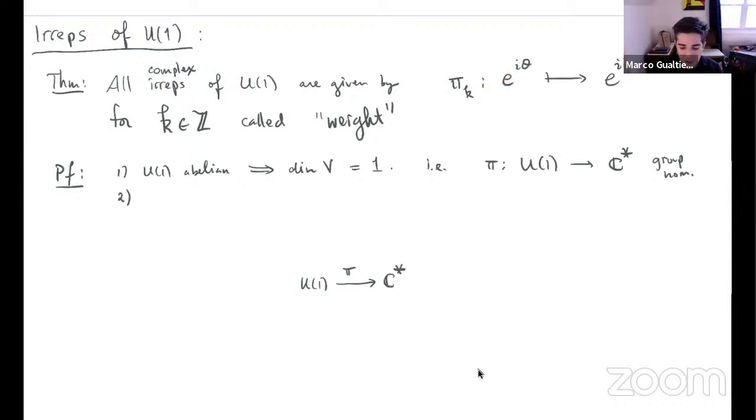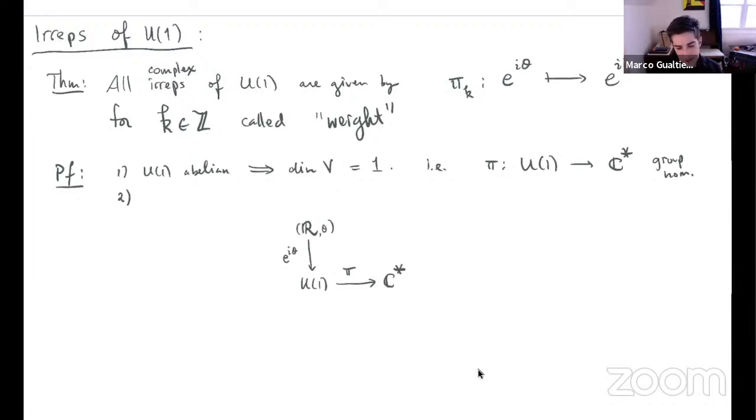So really I'm noticing that there's an exponential map from R, which you could call e to the ix, or e to the i theta. Okay, and that's a group homomorphism.